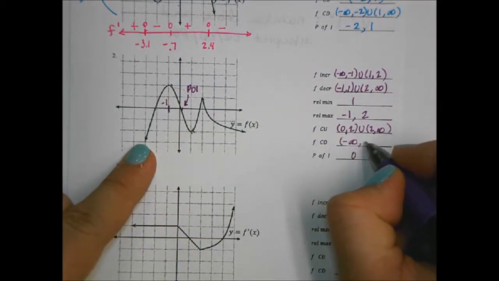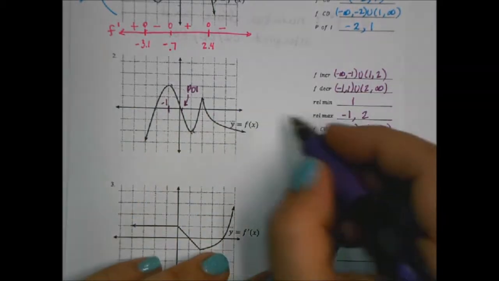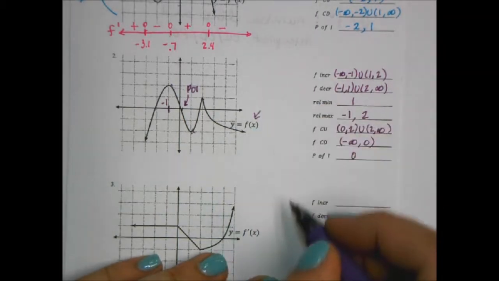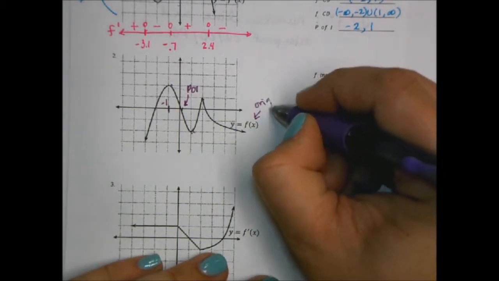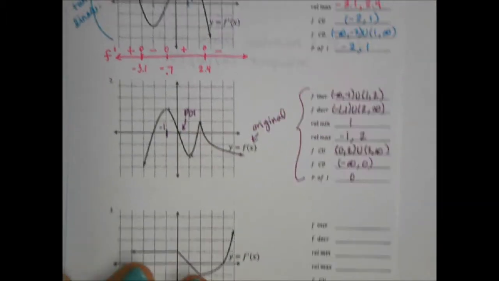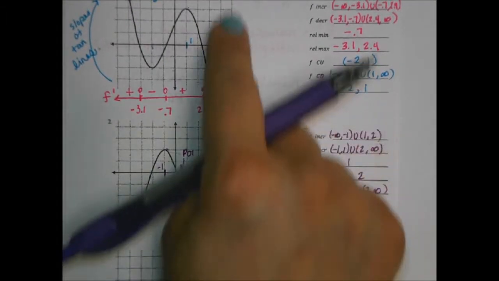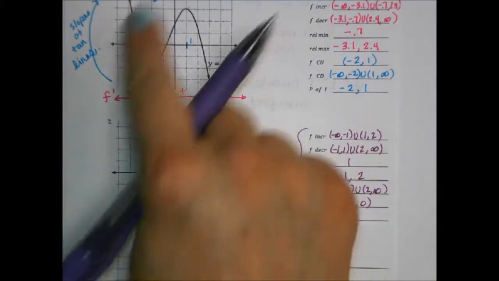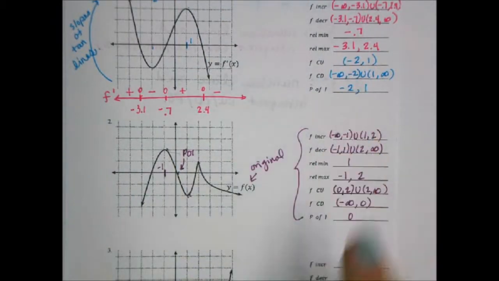So again, whenever we're given the graph of the original function, we're just interpreting what we see. When we have the graph of the derivative, though, we're going to create number lines and interpret the number lines to get our results. So example number 3 is, once again, the graph of a derivative.